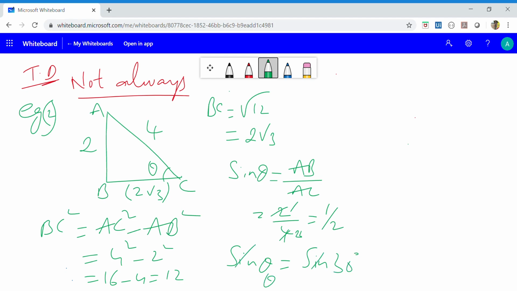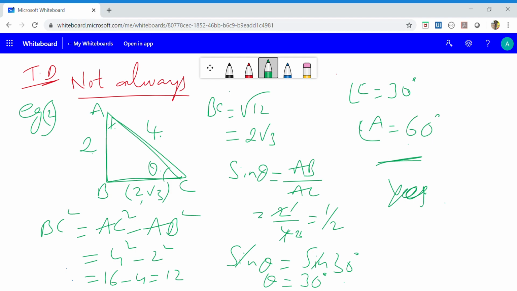So theta is equal to 30 degrees. If angle C is equal to 30 degrees, you can find angle A by angle sum property, that is 60 degrees. So this is 30, 60, and all sides you can find out. So 3 sides you found and the 2 angles also. So it is a yes case.